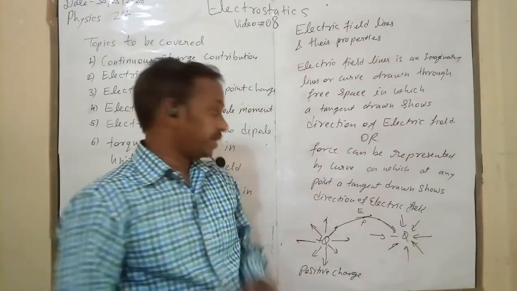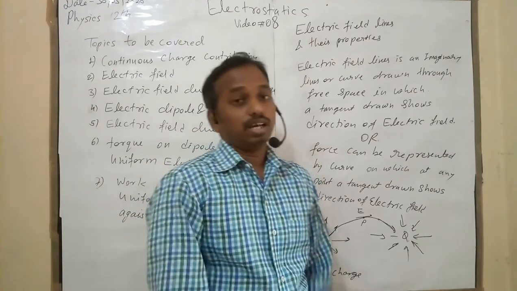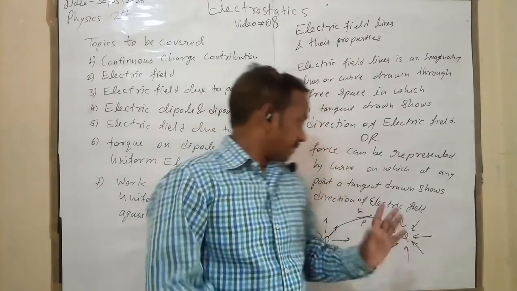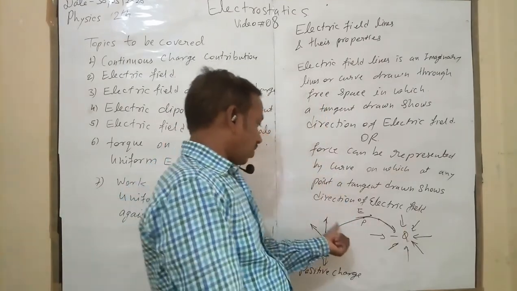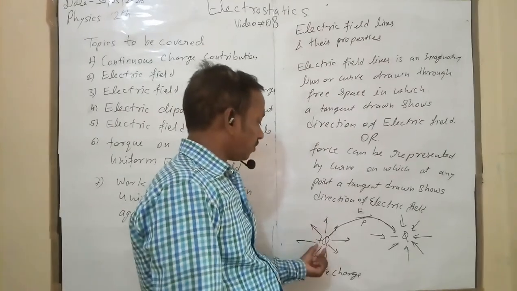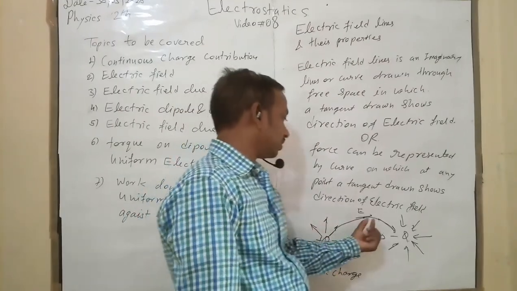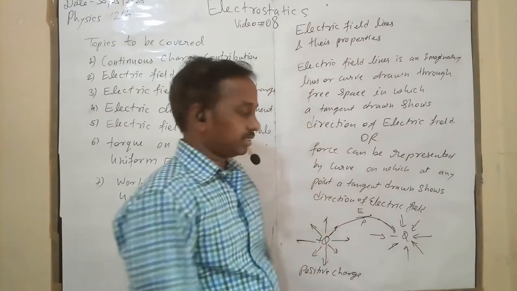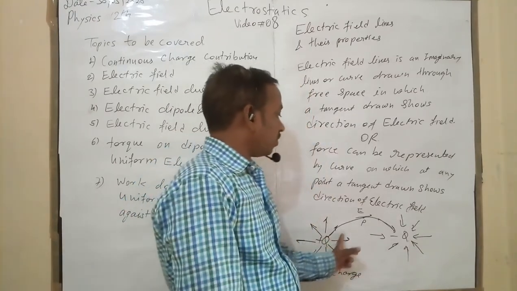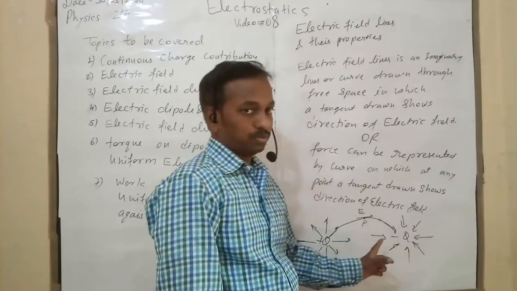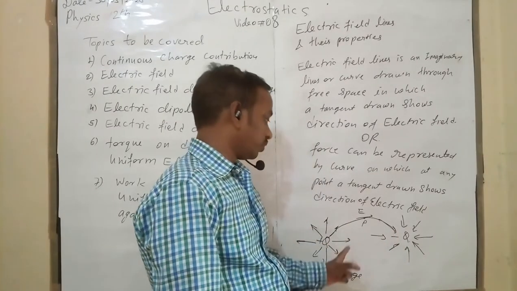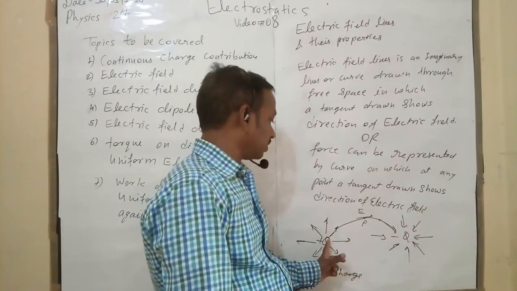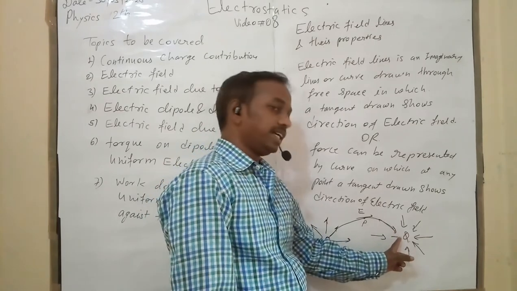So what are the properties of these field lines? First of all, field lines go out from the positive charge and all field lines enter into the negative charge. They never form a closed loop, because they originate at the positive charge and terminate at the negative charge.